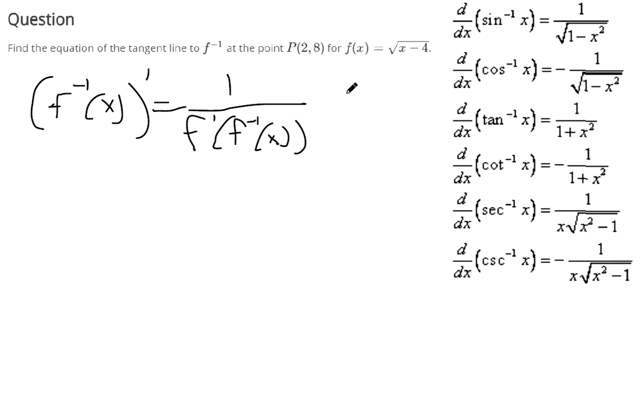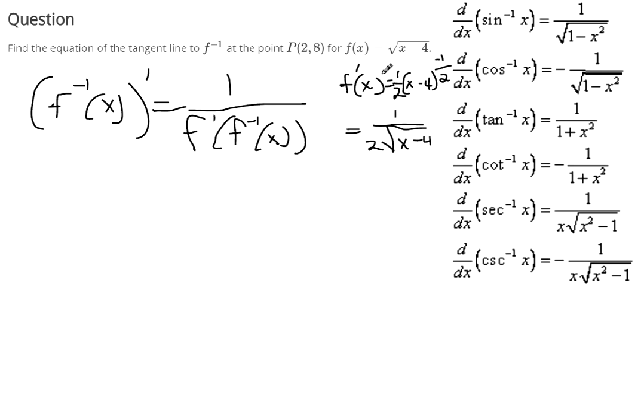Okay, so the derivative of the original function, that's a power function. That's something to the 1/2 power. So the 1/2 comes down and multiplies, and then the power gets reduced by 1. That's the same thing as 1 over 2 square roots of x minus 4, because it's a negative 1/2 for a power.